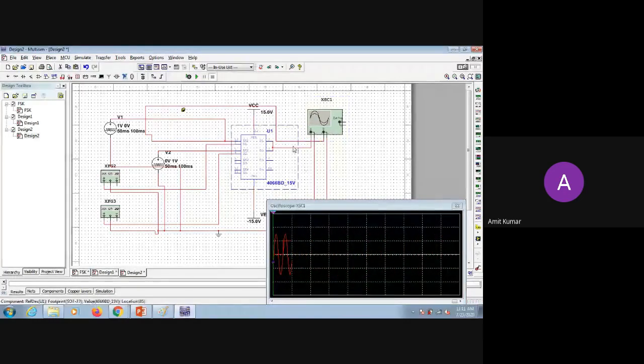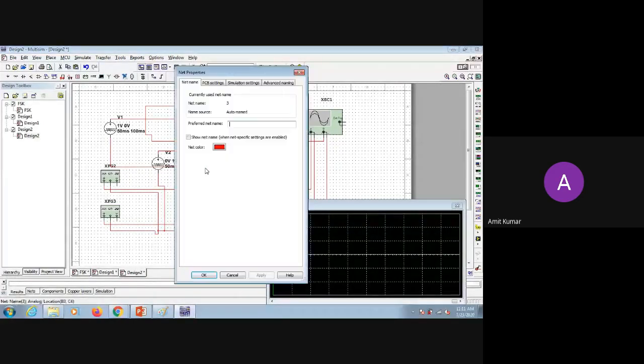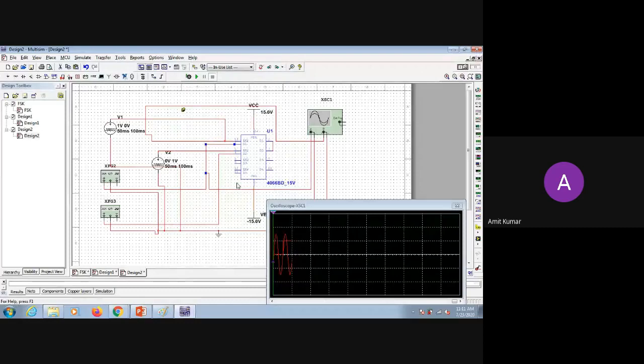So now we will check the second, whether we are getting the inverted data or not. First we will check that. This is connected to S1.